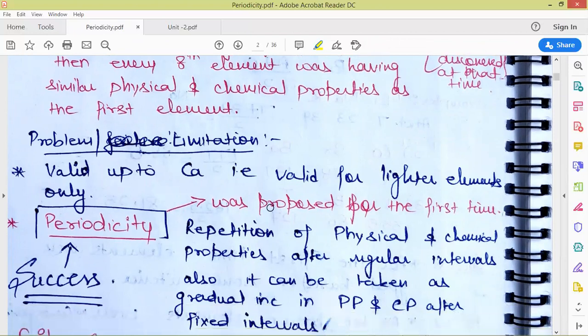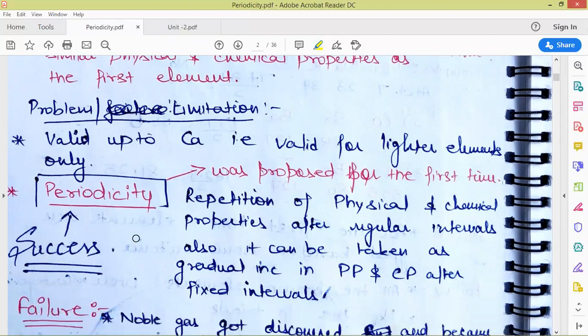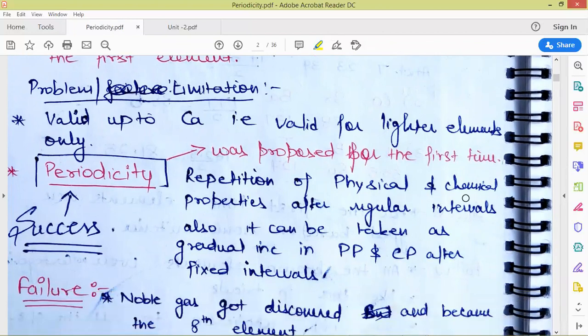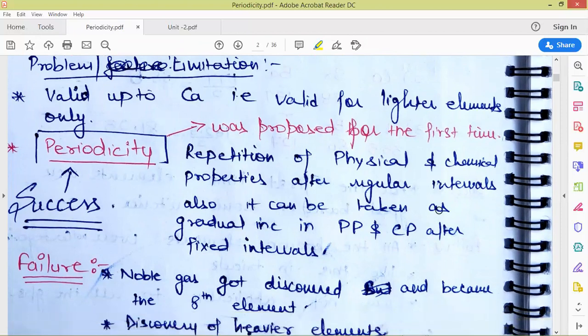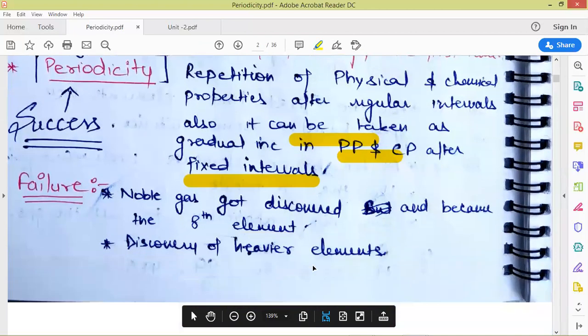He didn't consider heavier elements in his model. Periodicity means repetition of physical and chemical properties after regular intervals, or the gradual change in physical or chemical properties after fixed intervals, not time intervals.